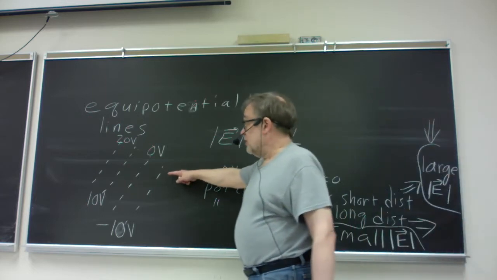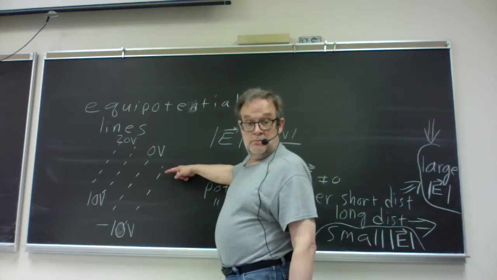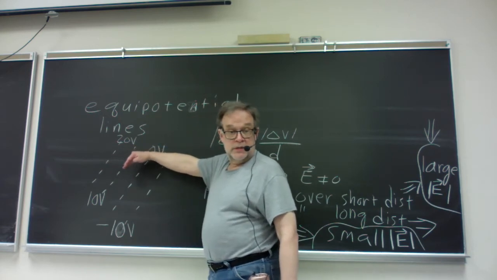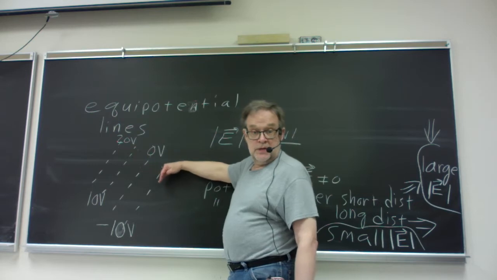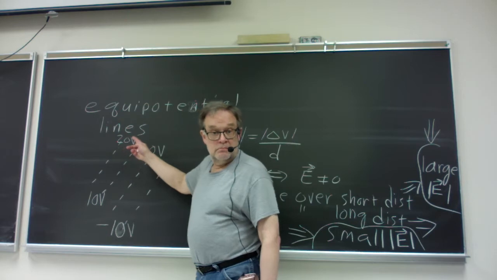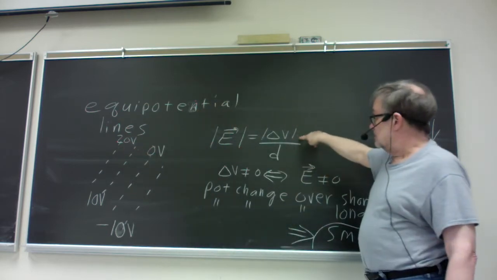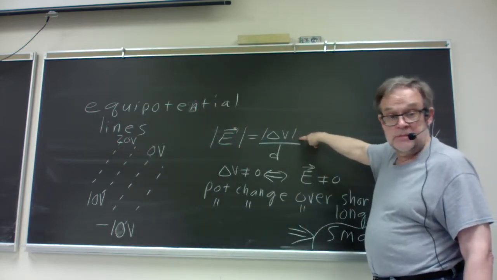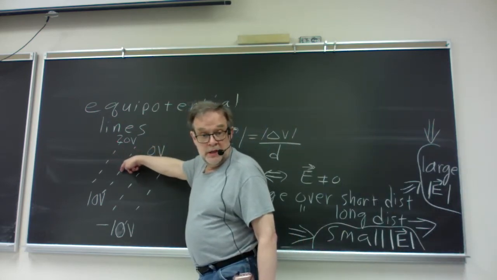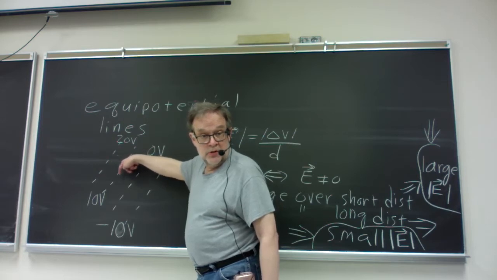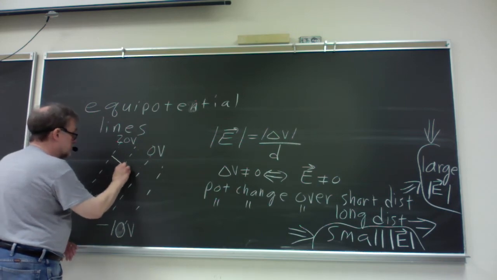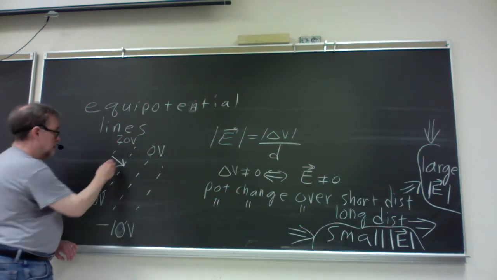For example, here, the electric potential is different at all these points from what it is here, and different here, and different here, so that there is a potential difference of 10 volts, and the distance you have to go to get that 10 volt potential difference is just from here to here. Let's say that distance is 1 centimeter.